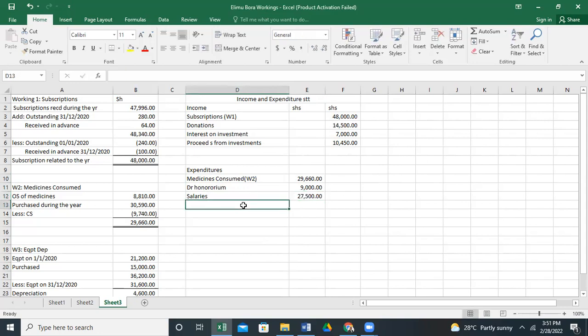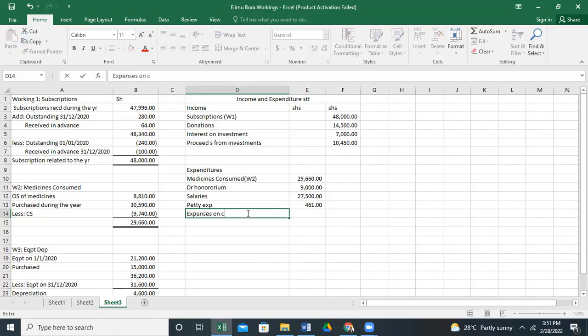Then I have petty expenses, and my petty expenses is 461. Then I have expenses on charity show.